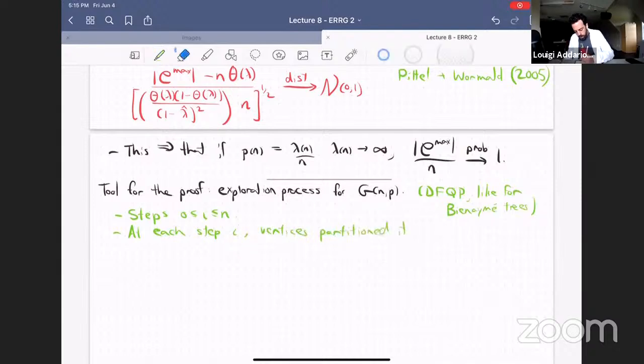The vertices are partitioned into explored, active, and unexplored vertices.